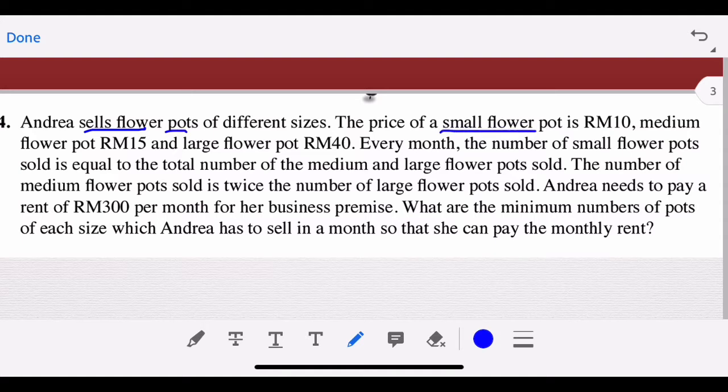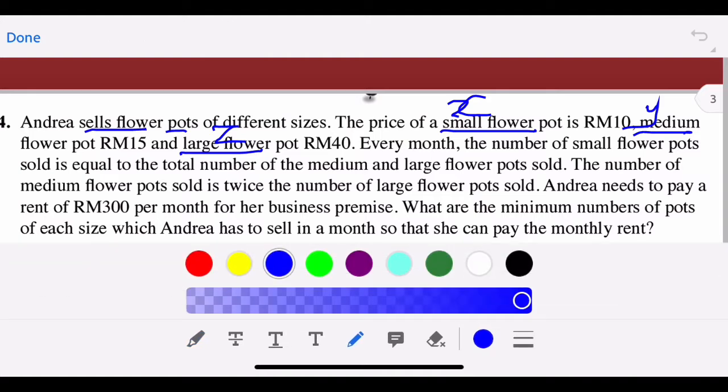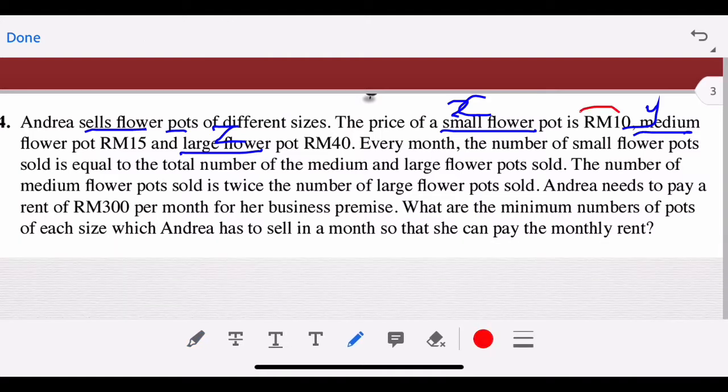So let's define our variables: X represents small flower pots, Y will be medium, and the last one we use Z. The price for each pot depends on the size. A small one is 10 ringgit, a medium one is 15 ringgit, and a large one is 40 ringgit.